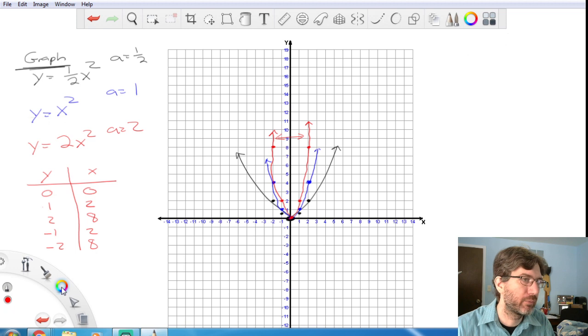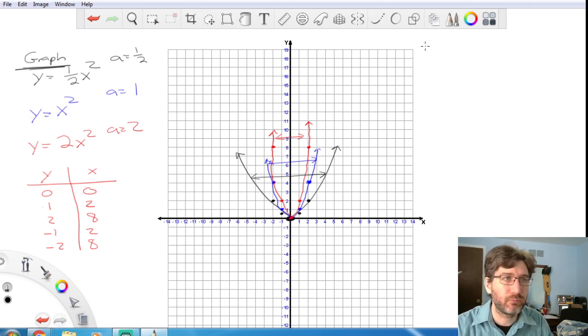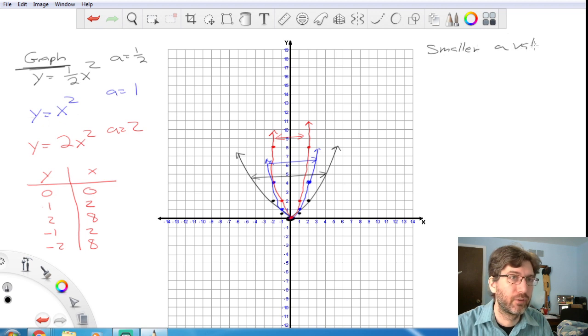You can see the width between those two is smaller compared to the width between the blue ones and the width between the black ones. So the smaller the a value, the wider the curve.